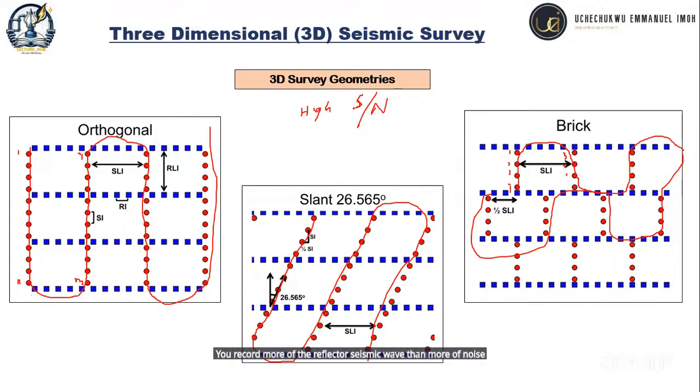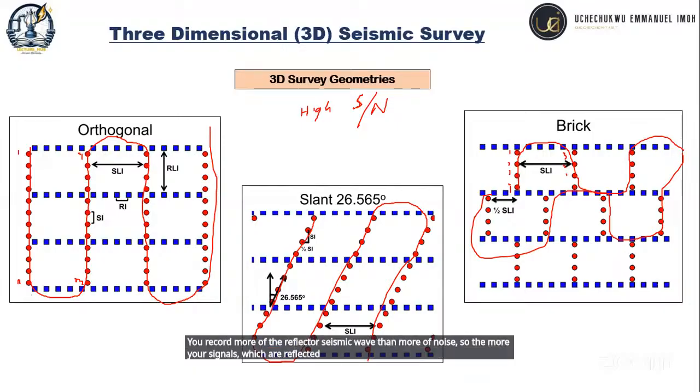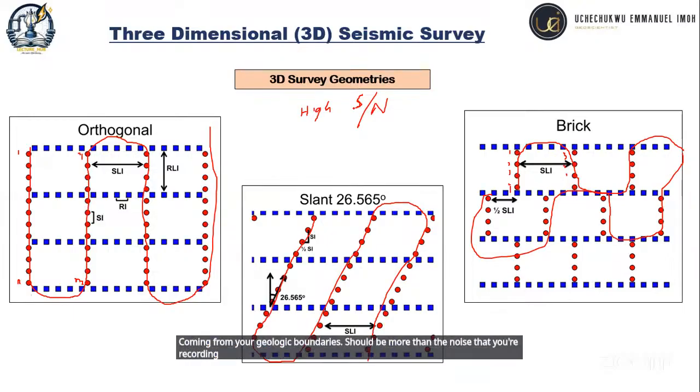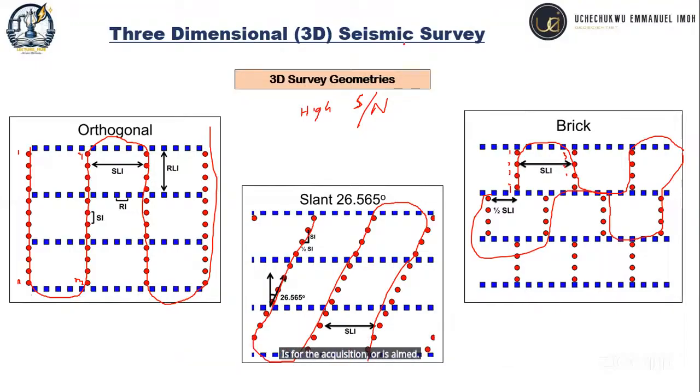So your signals, which are the reflected waves coming from the geologic boundaries, should be more than the noise that you're recording. So the geometry they choose for the acquisition is aimed at maintaining a high signal to noise ratio.